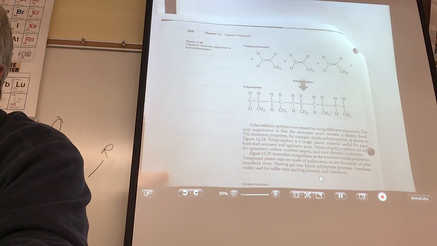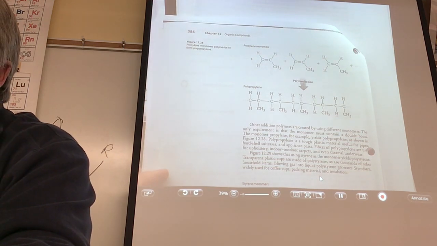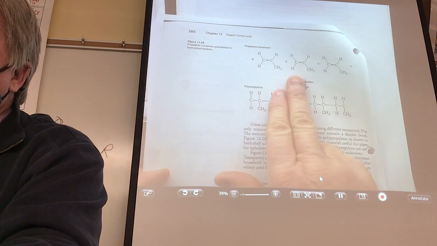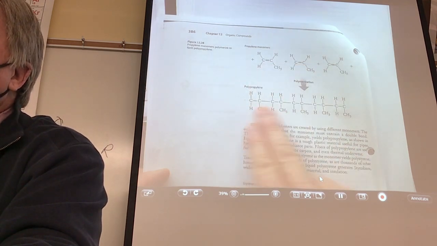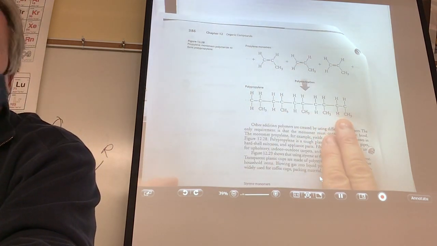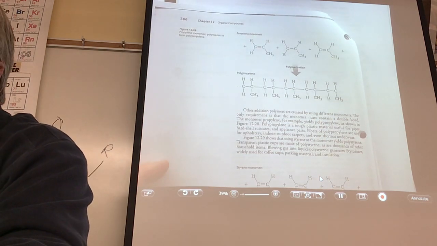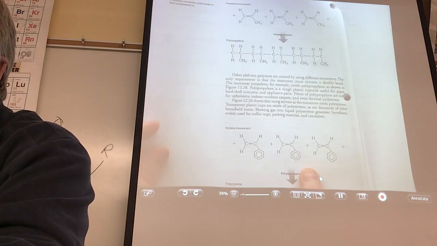It's got a double bond, that's ene. So isn't it propene? Or propylene, same thing? Okay, so we've got propene or propylene, and you break the double bond, and then you can make a polymer that would look like that. This happens to be polystyrene, that's styrofoam. So if you want to make styrofoam, you have that.